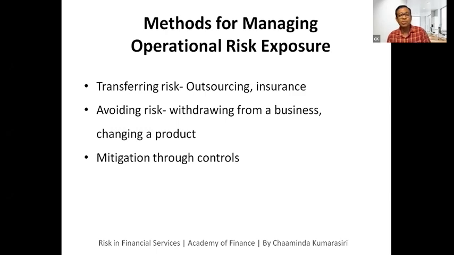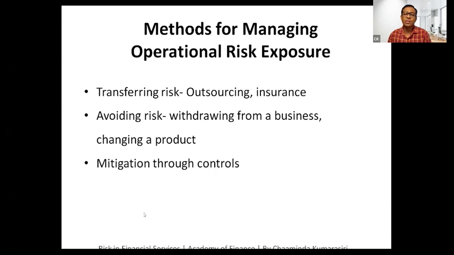Then mitigating through controls. So I told you when you look at controls, there are two broader types of controls. So the two types are preventive controls and detective controls.